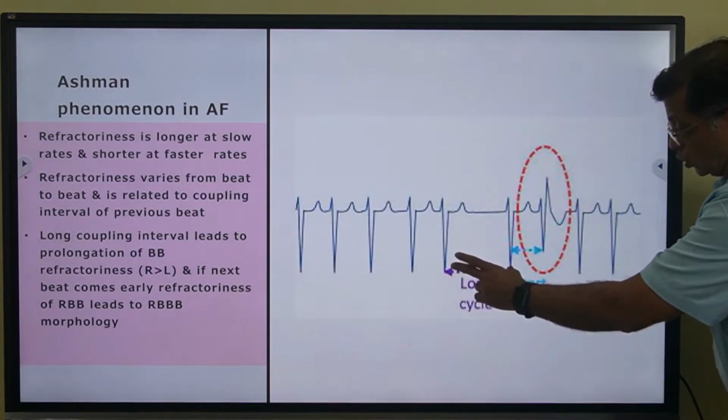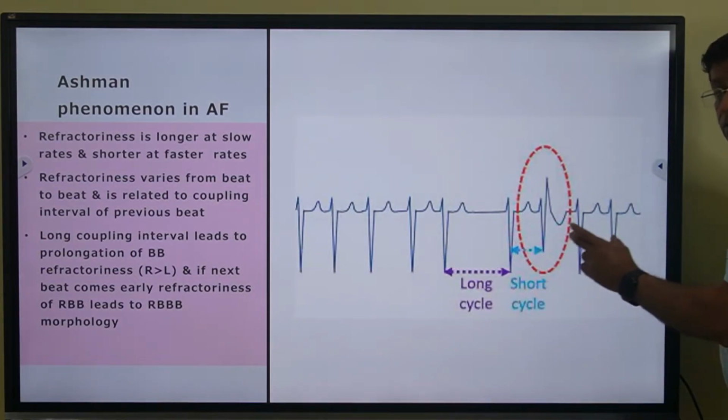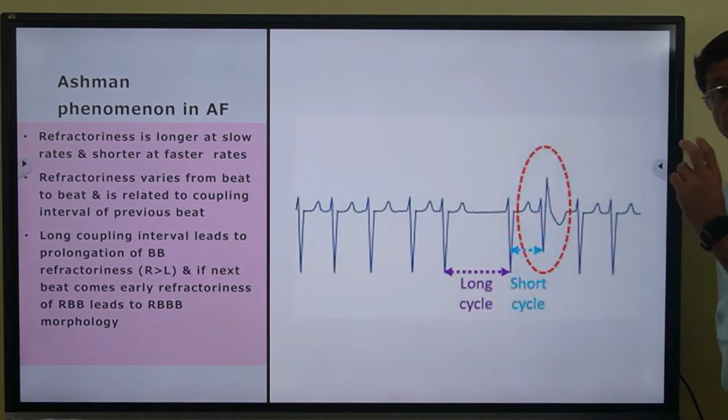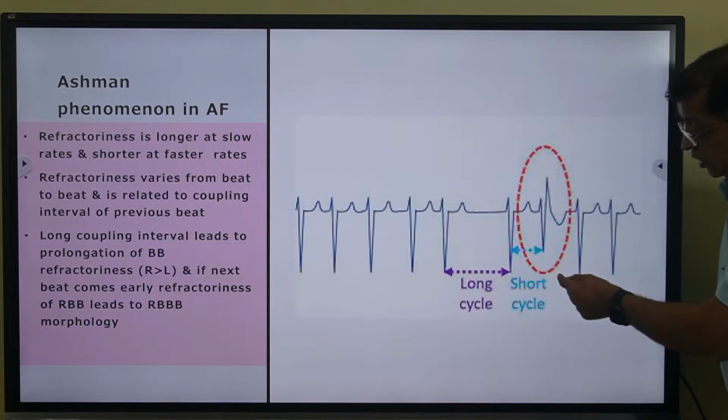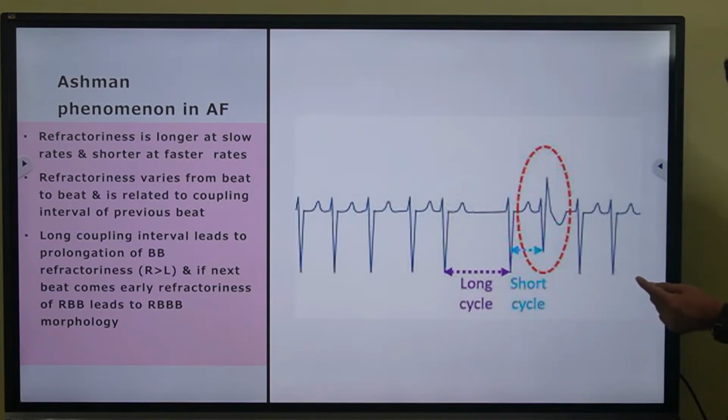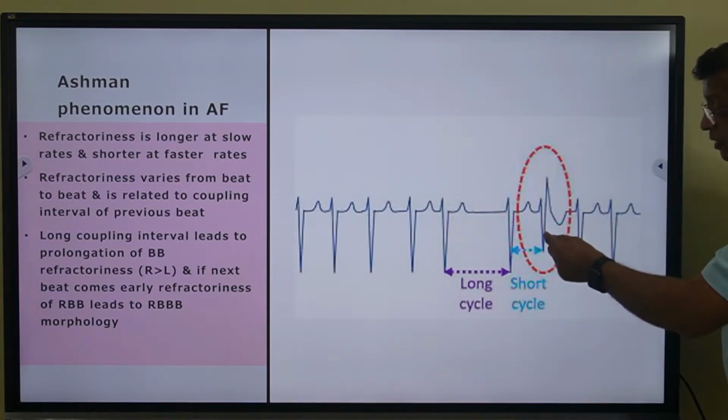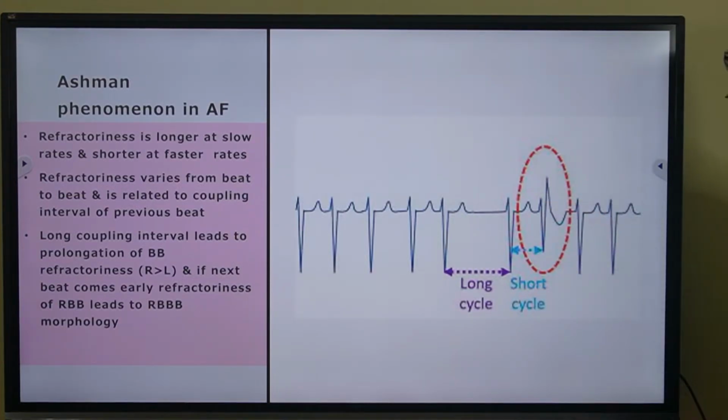After this longer coupling interval, the refractoriness of the bundle branch takes a longer time to recover, right? Especially the right one. And after a long coupling interval, if a second beat comes early, then the right bundle branch would be refractory, and you will get an RBBB type pattern.